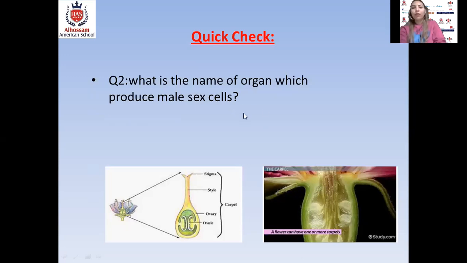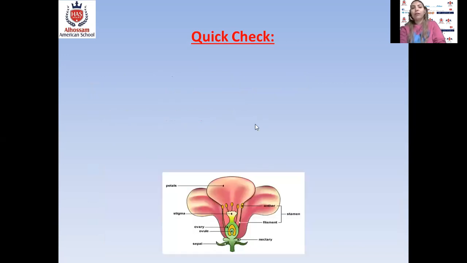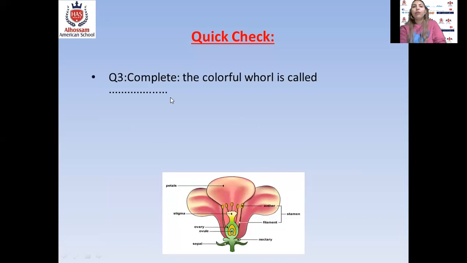So, stamen, or pollen sacs in stamen. And now complete: the colorful whorl is called, yes, in this picture called... I need you, Habiba.